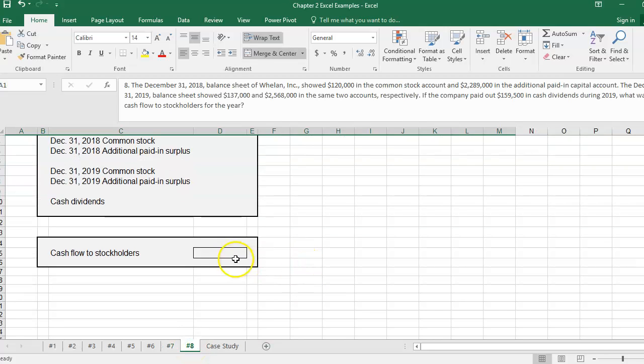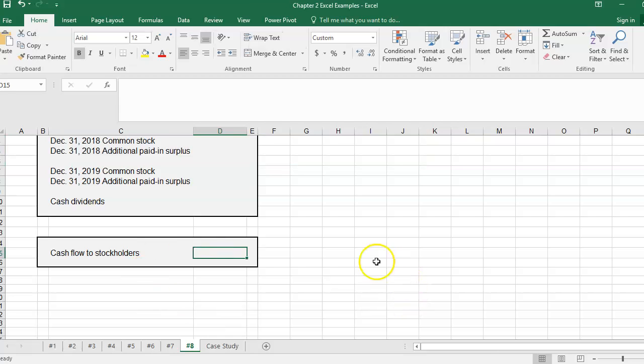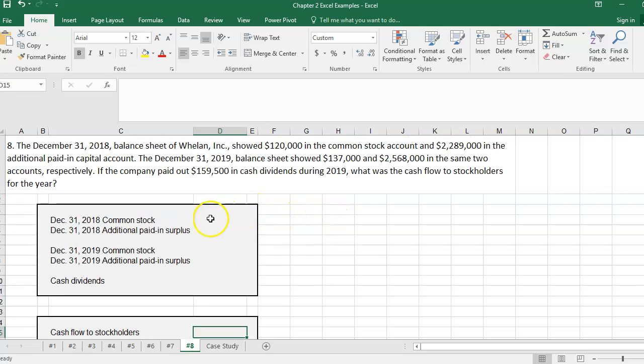This last example looks at the last cash flow identity calculation, which is cash flow to stockholders. Cash flow to stockholders is dividends paid minus our change in equity. So our common stock amount is $120,000 in 2018, and our additional paid-in capital is $2,289,000.